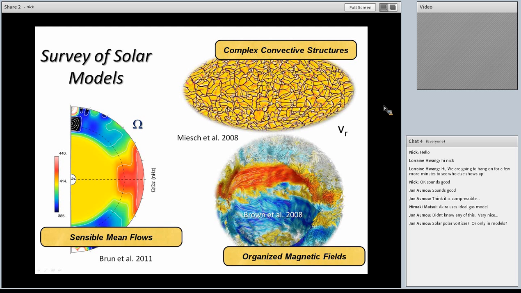Solar polar vortices, or only in models? Not all of those. You mean like a retrograde vortex, John? He's typing. I can see.